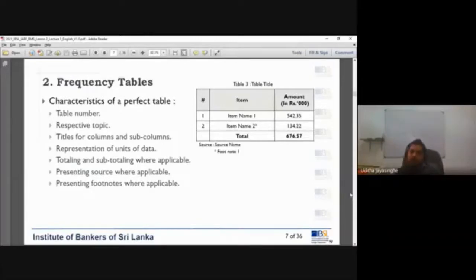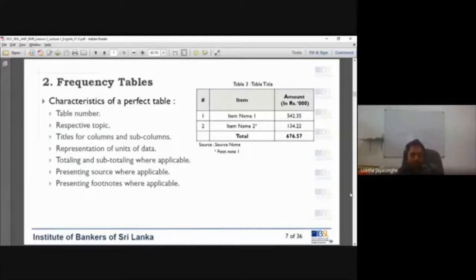If you put table 3 down the line of an article or an answer and then move on one or two pages, you will have to come back to this table at some point. Rather than writing a long description of the table, it's always easy to mention table number 3.